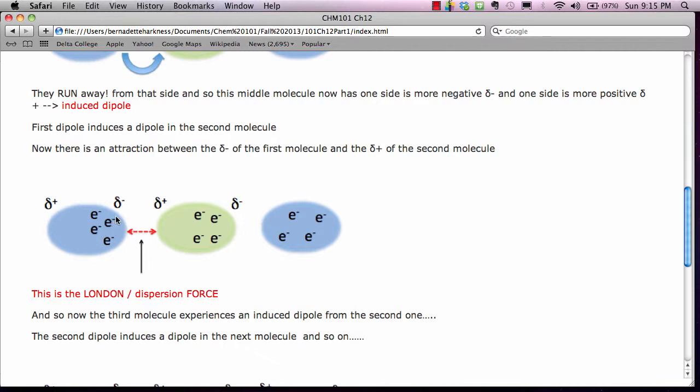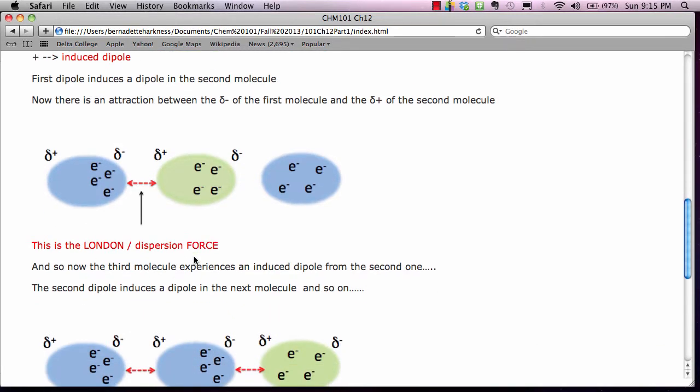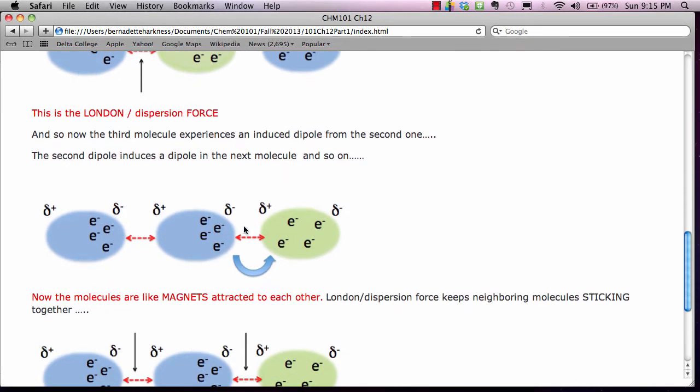This attraction between the negative side of one molecule and the positive side of the other is what we call the London force, or the dispersion force, because it just happens as the molecules are moving around and the electrons are moving around in the molecules. Then it propagates.